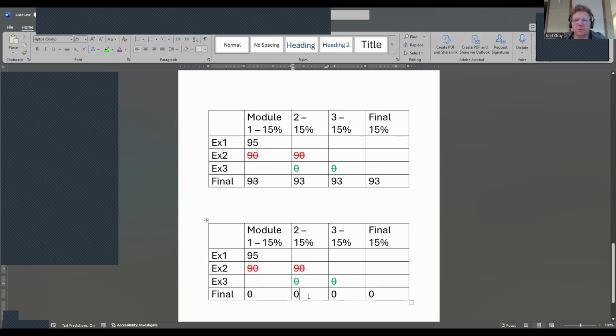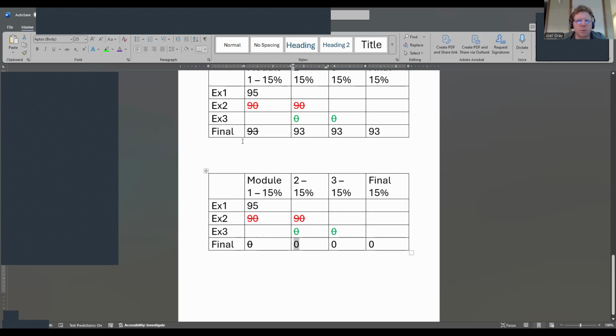Well, in this case, this is a little bit different perspective to have on it. Their final doesn't replace anything, since they got a zero on one of their other exams, their final doesn't help them in that case. So you could kind of look at it as, well, their final ended up being worth 30% of their grade.